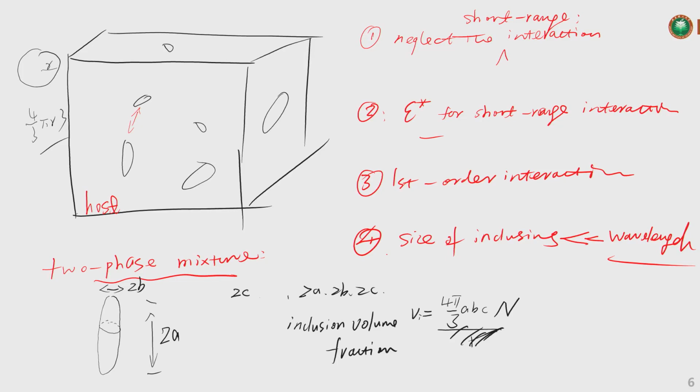So this is the volume fraction of the inclusions, and then the volume fraction of the host material becomes 1 minus VI. Am I correct? So besides the inclusions, the rest of the volume is for the host material.